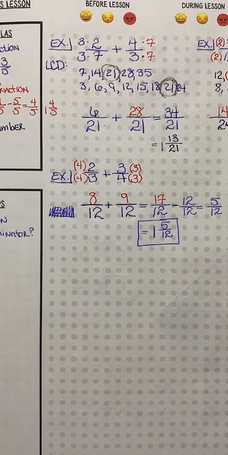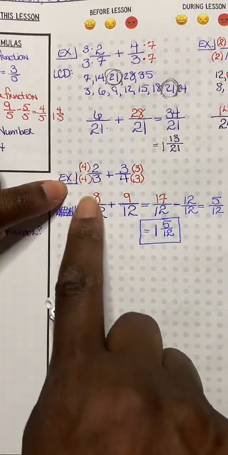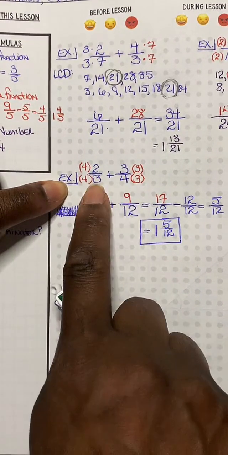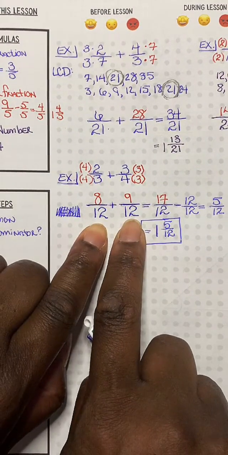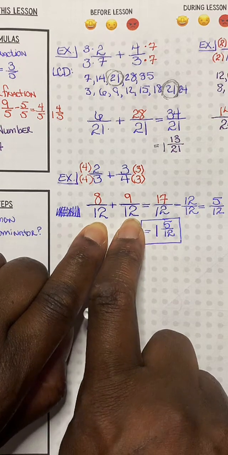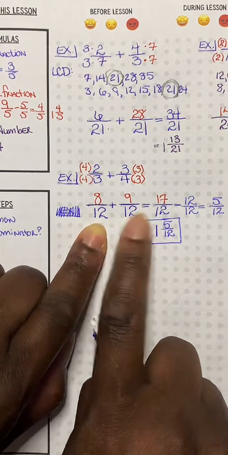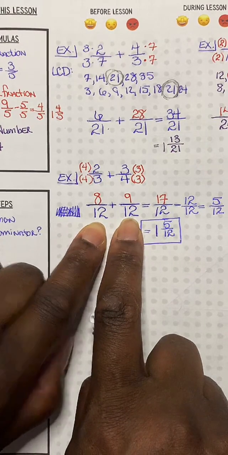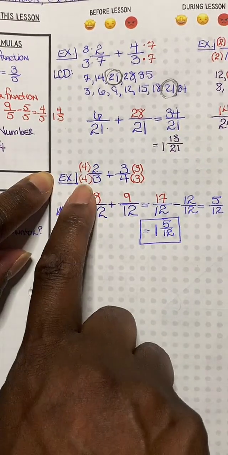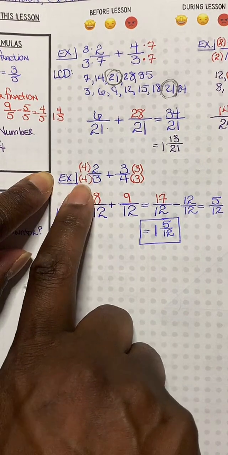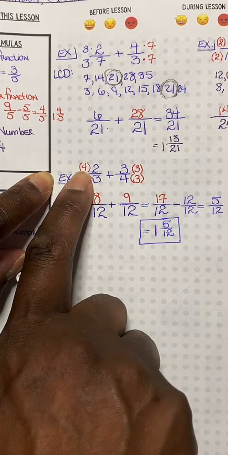Coming back. How did you get the 17 twelfths? All right, Shay. So we needed a common denominator with the 3 and the 4. So the number they both have in common, we're going to use 12. Yes, we could have probably used 24, but 12 was the closest one, right? So to change that 3 to a 12, we had to multiply it by 4. Whatever we do in the denominator, we do in the numerator.